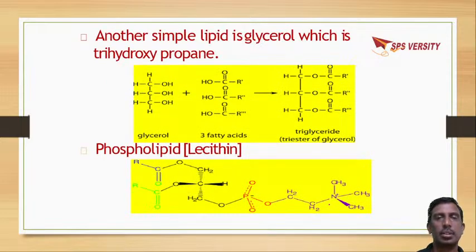Okay. So another example of a simple lipid is glycerol, which is chemically called trihydroxypropane, which has 3 carbons. Okay. When 3 fatty acids are attached to glycerol, it will form a triglyceride.